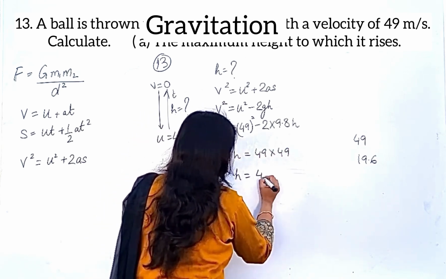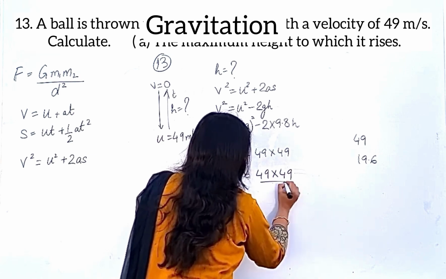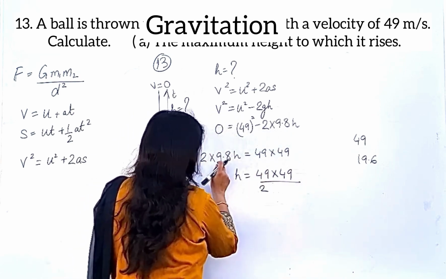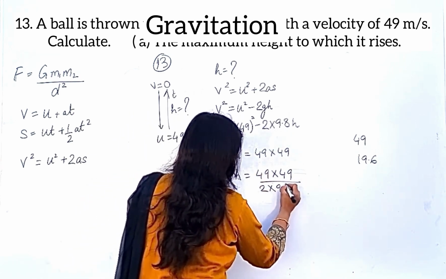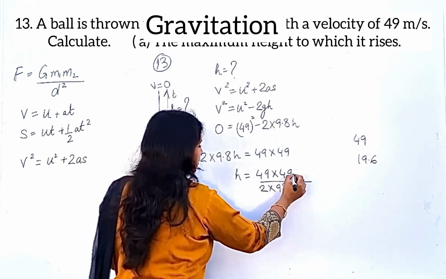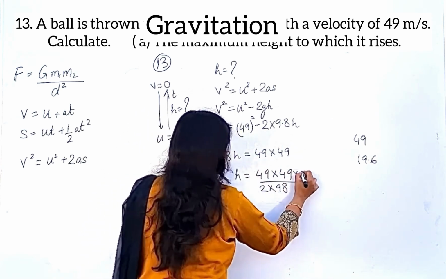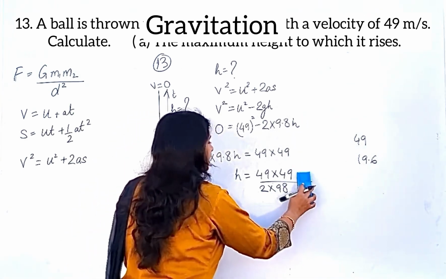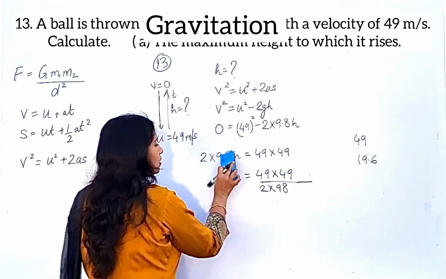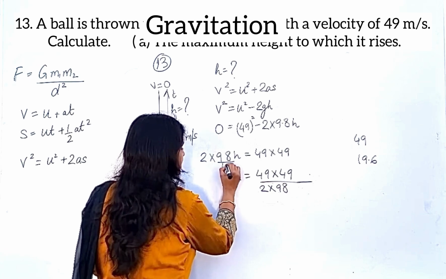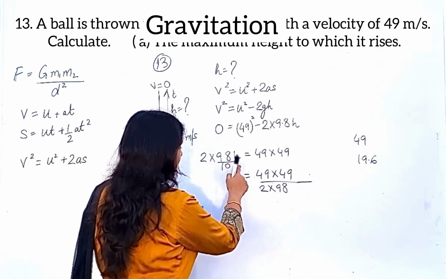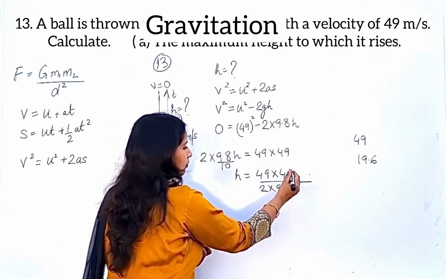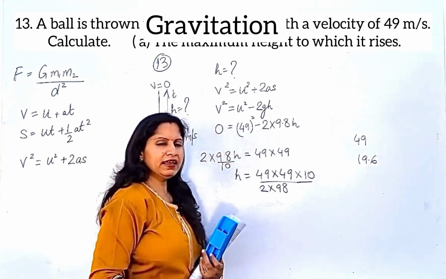Height will be equal to 49 times 49 over 2 into 9.8. I want to remove the decimal, so I'll divide by 10, and the denominator becomes the numerator. Even here you can just divide by 10 to remove this decimal. So on cross multiplying, these two will come down and this 10 will go up there. Fine, anyway you can do that.